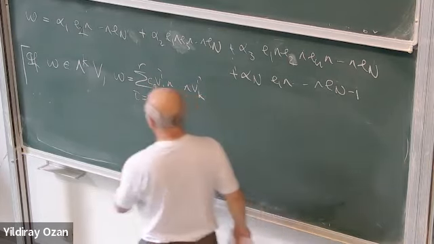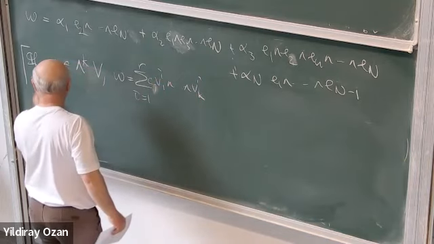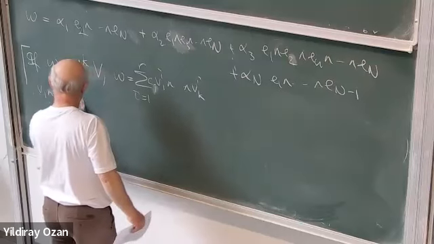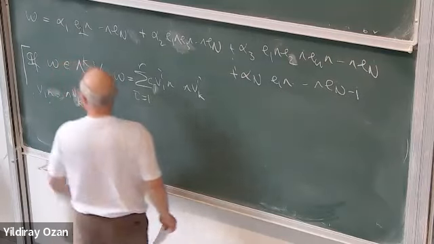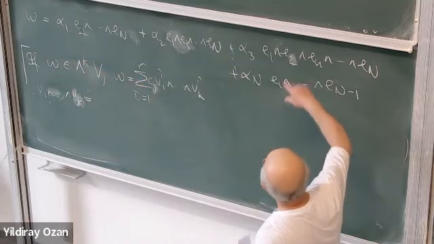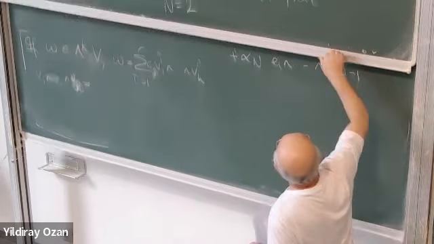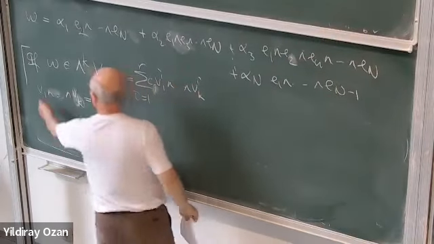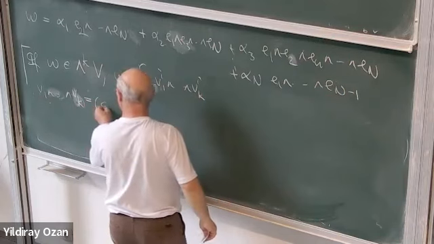Let's take one of them, v1 up to vk. And each v_r, since this is the basis, can be written like this. This v1 can be written like this.